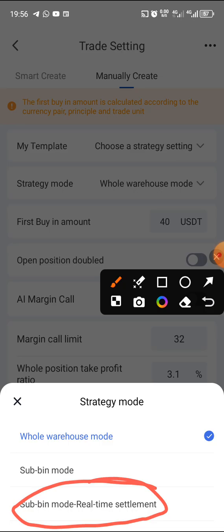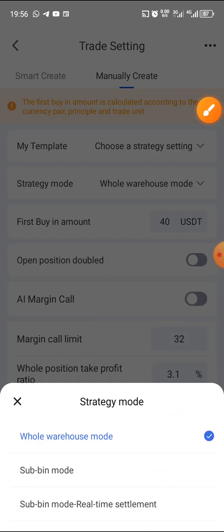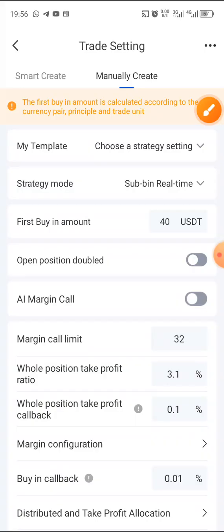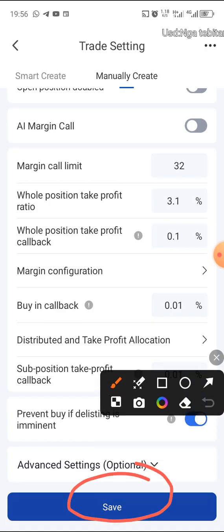In the coming sessions we shall be discussing how these strategies work, how the wholesale warehouse mode works, how the sub-bin mode works, and how the sub-bin mode real-time settlement works. So as of now, click on the sub-bin mode real-time settlement. After there, scroll down, click save.